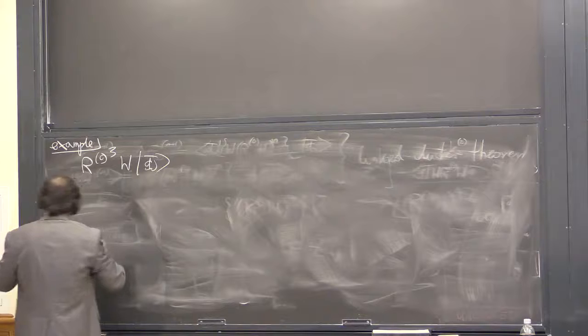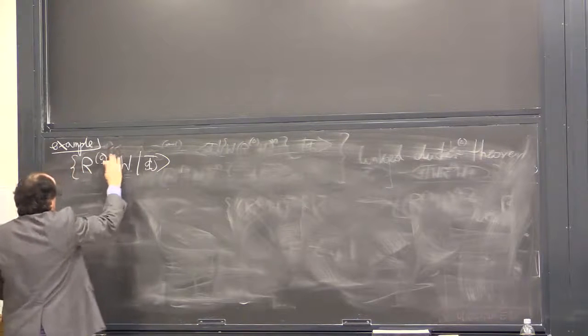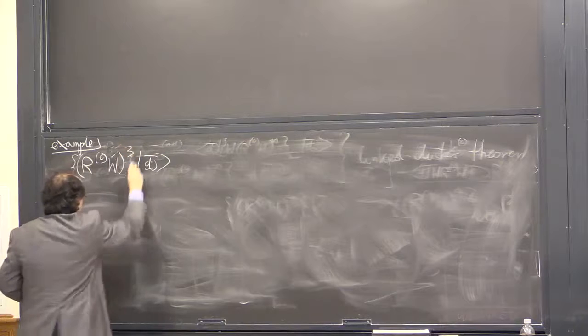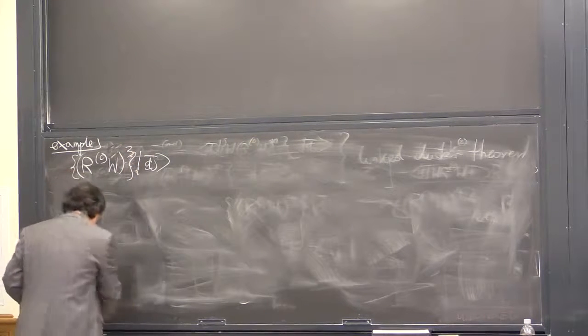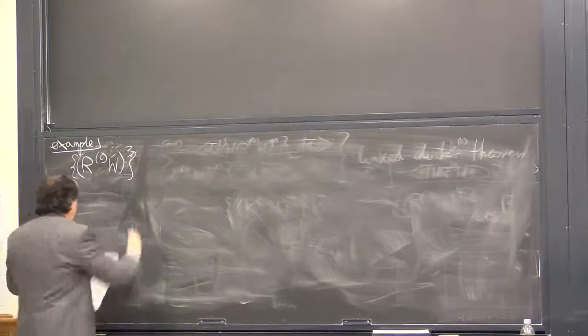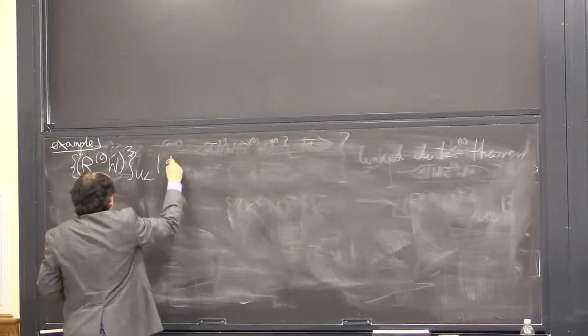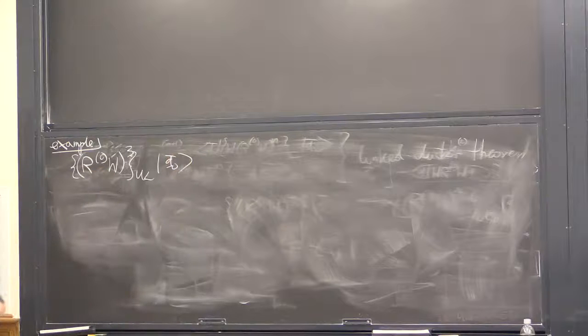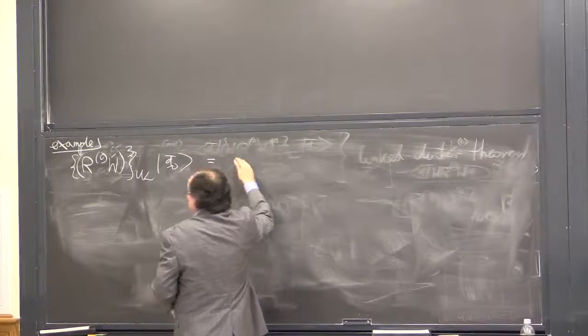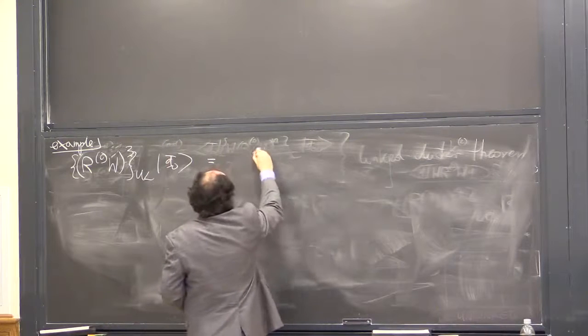And let's look at the unlinked part of it. R0 W cube, phi 0. So we have R0 W cube unlinked phi 0. When you go back to what we did, we looked at the unlinked diagrams in the third order.